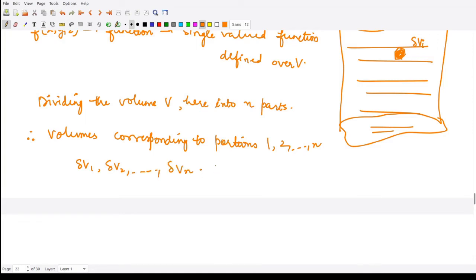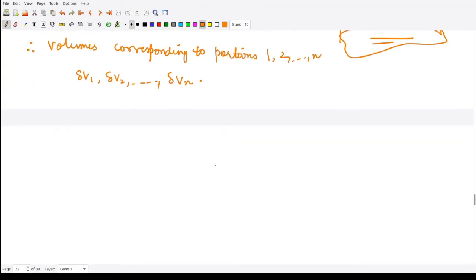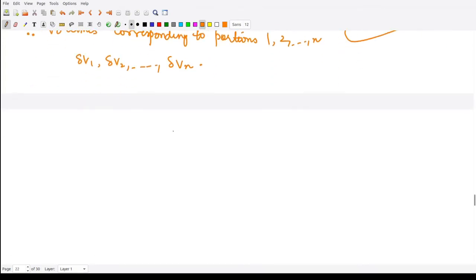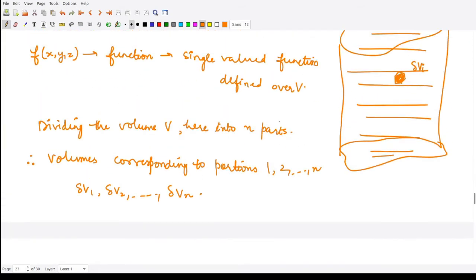So this would be our volume. If I wanted to take the sum of all those portions, it would be summation i varying from 1 to n, and the value of the function calculated at the point Pi, where suppose this is some point P here, having coordinates xi, yi and zi, right? So this is the point.